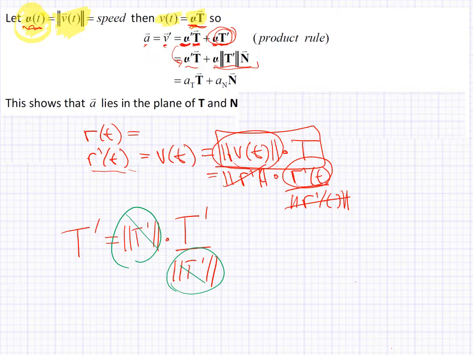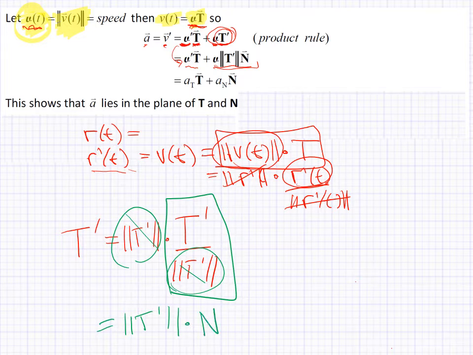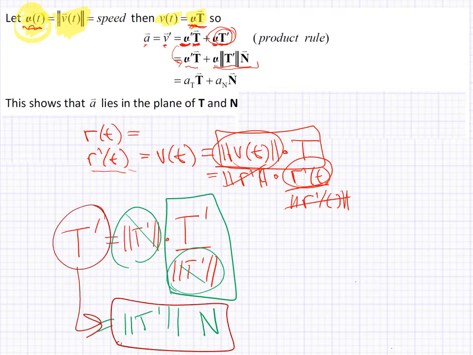But if I write it like that, this is what we call the unit normal vector. So what we really have is the magnitude of T prime times N. And I really should have put a dot there because that's a dot product, so just times N. So you see how this turns into this fairly easily, and that's what we're going to put here.